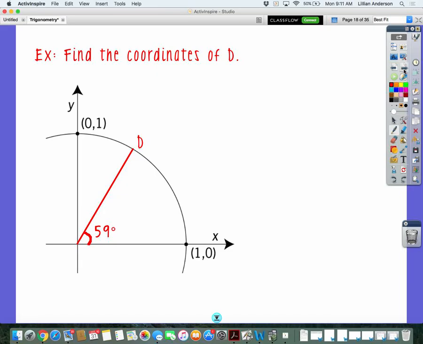And then to find the coordinates of D, all we do is use what, do you think? How do you find that x value? Cosine. Use cosine of the angle, so cosine of 59 degrees. And then to find the y value, the sine of that angle, sine of 59 degrees.